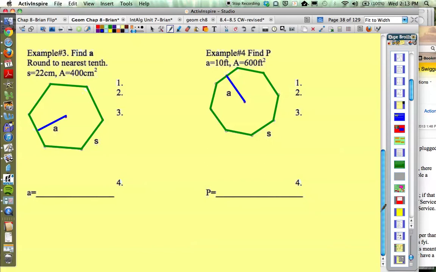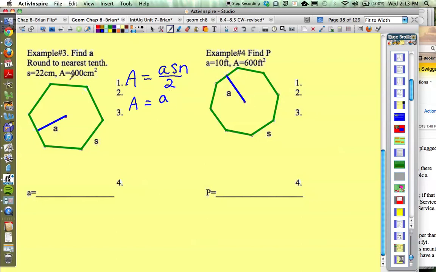All right, example 3. You're looking at a situation where it says find a, in other words, find the apothem, and round to the nearest tenth, which is a hint that this is going to turn out to be a decimal answer. We're going to have to solve for that. Notice we're given the entire area, but we will start with the same formula: area is equal to a times s times n divided by 2. We do not have the apothem, so that goes as the letter a.